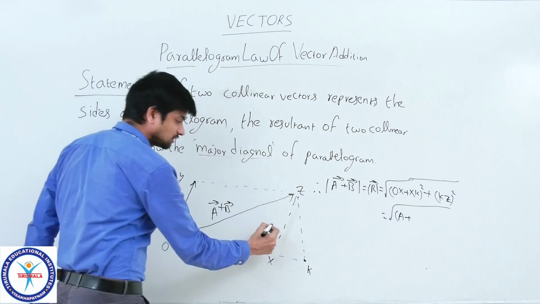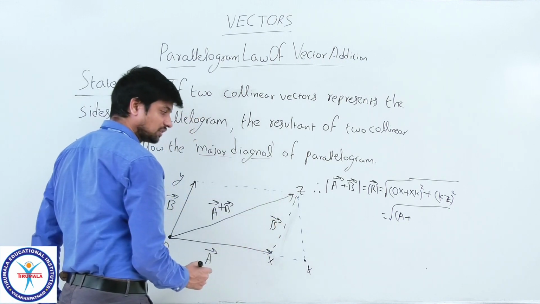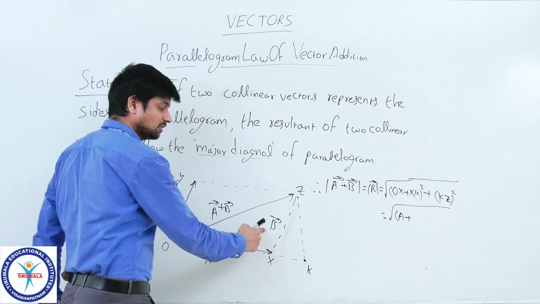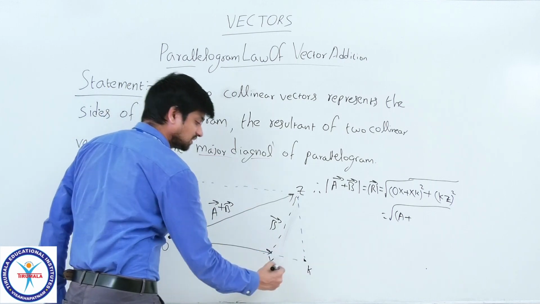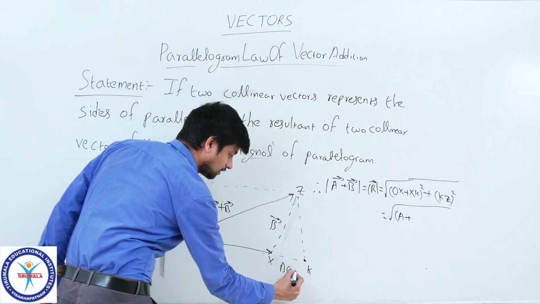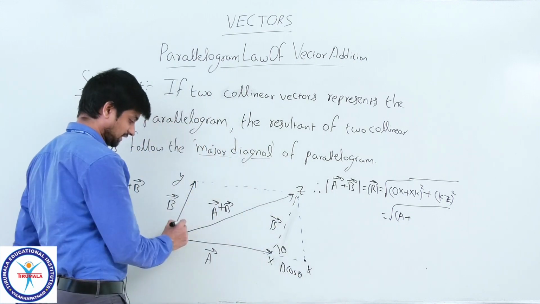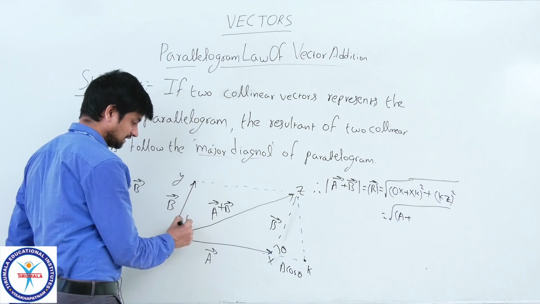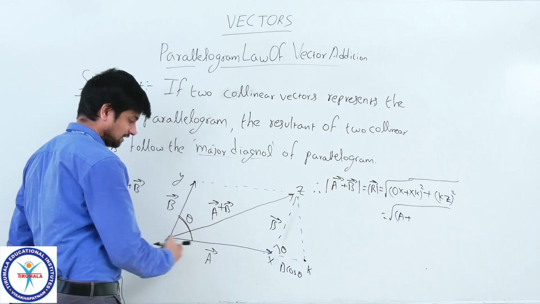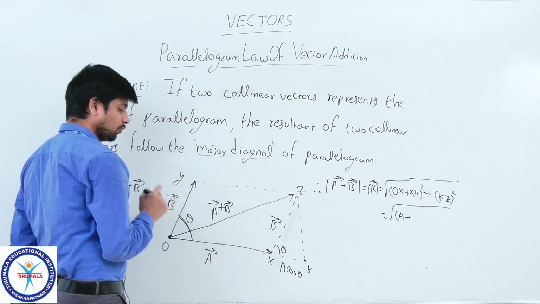XZ is also parallel and equal, the B bar vector. Its projection on the horizontal is B cos theta, if the angle between the two vectors, OX and OY, is theta.